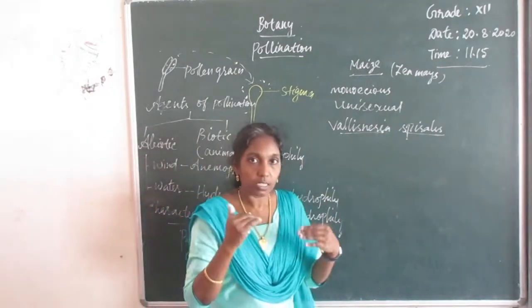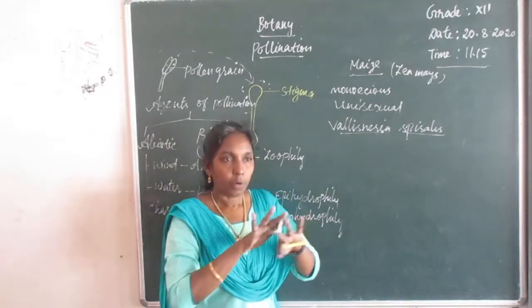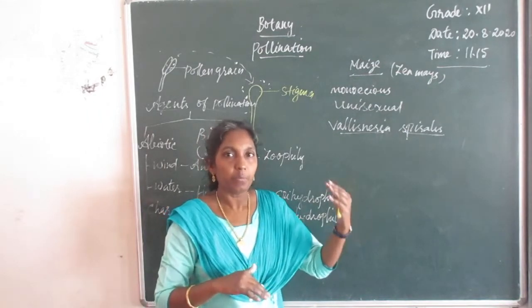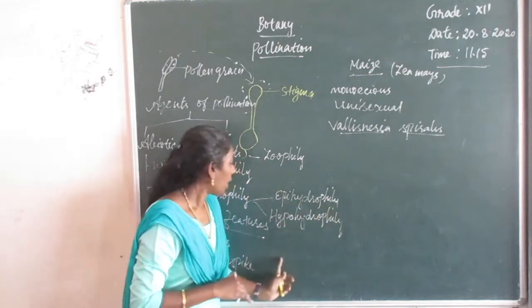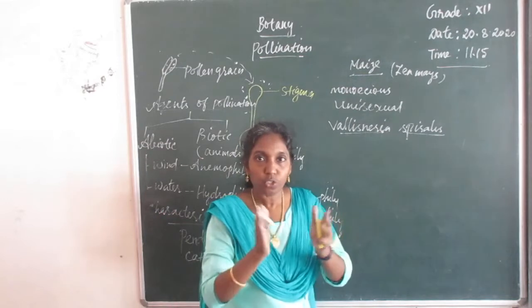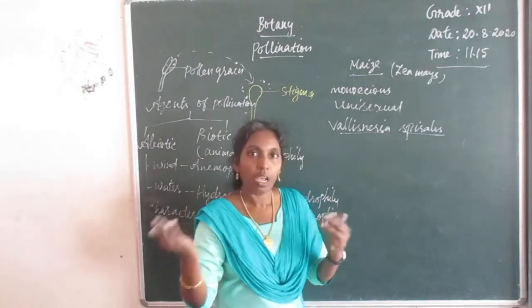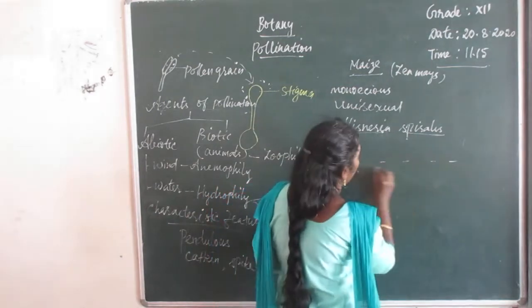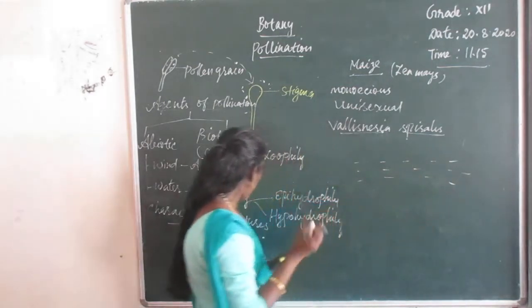But Ceratophyllum, though it is a water plant, the pollination cannot take place by water, but it takes place by wind. So Vallisneria is a dioecious plant. Two different plants produce two different flowers. In this, the water level, epi and hypo.